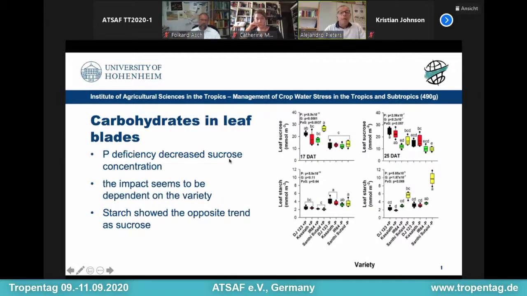When we looked at the carbohydrates in the leaf blades, we observed that phosphorus deficiency decreased sucrose concentration, and the impact seems to be, again, dependent on the variety, at least when plants are sampled 20 days after the treatment. But the starch showed the opposite trend to sucrose, with a neat increase in starch concentration in the leaf blades in low phosphate grown plants compared to the control plants.